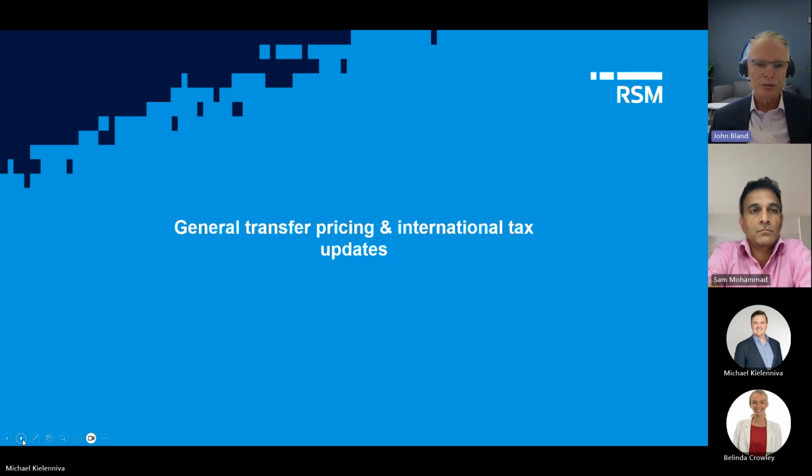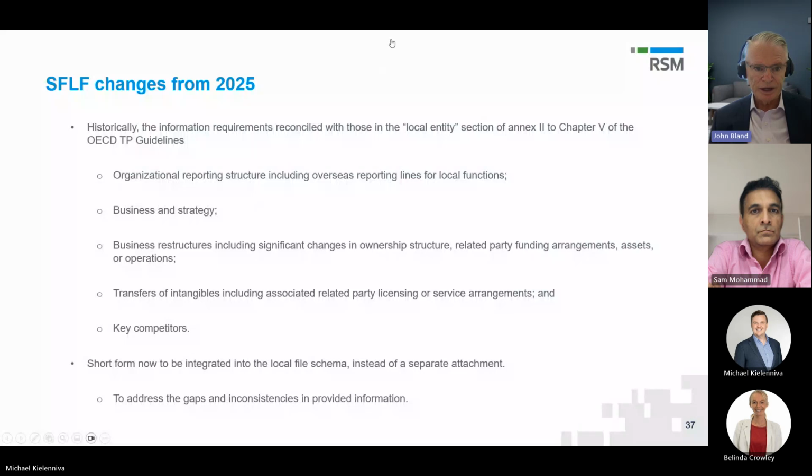Historically, the short form local file is filed along with some other broader information, local file Part A and Part B, and it covers 5 major areas: organisational structure, business and strategy, business restructures in the year, any transfers of intangibles, and key competitors. It's in a free text-based form, and it can be lodged with the Commissioner with the other country-by-country reporting documents.